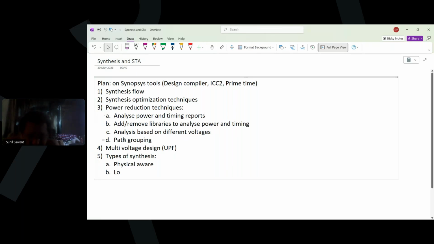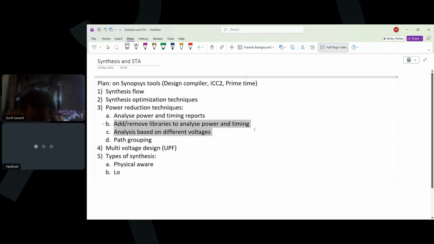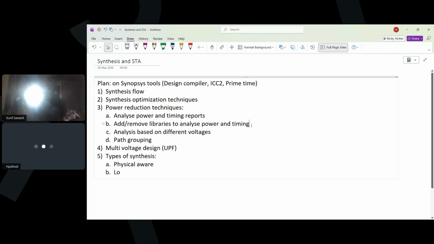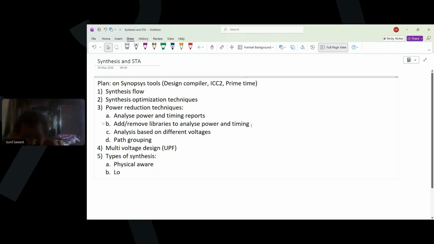After that, we are going to analyze power and timing again by changing the files which we are giving in the link and target libraries. The concept of link and target libraries, right? If you are not aware of it, or not able to recall, obviously we are going to do that theoretically also.